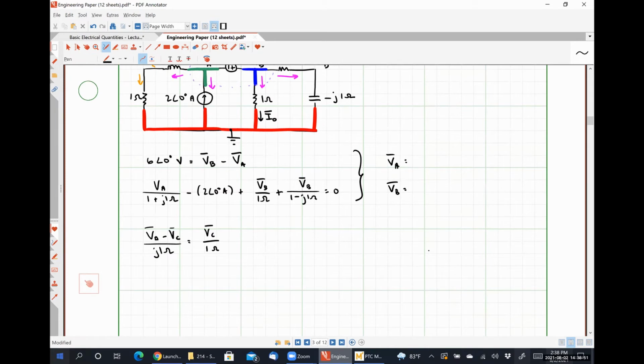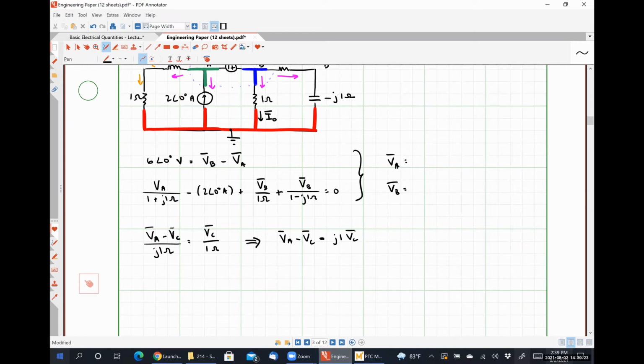So what I can do now is say that VA minus VC will be equal to J1 times VC. Does that make sense?